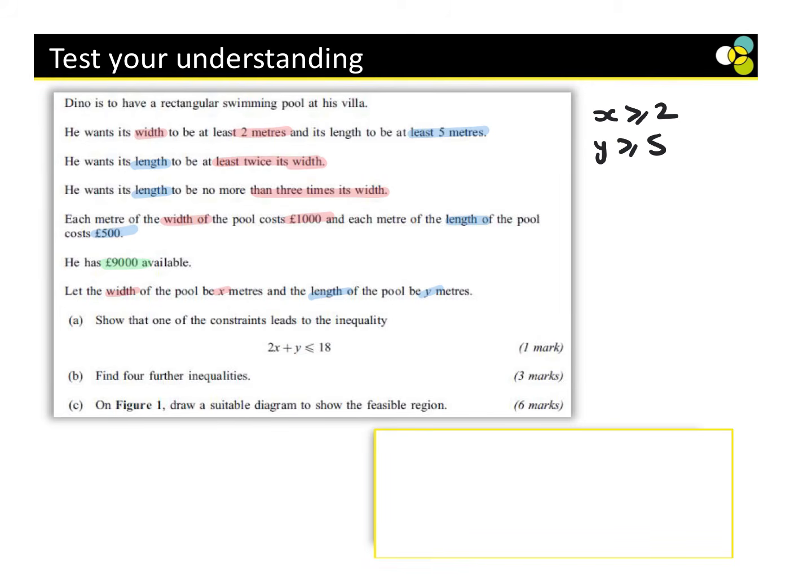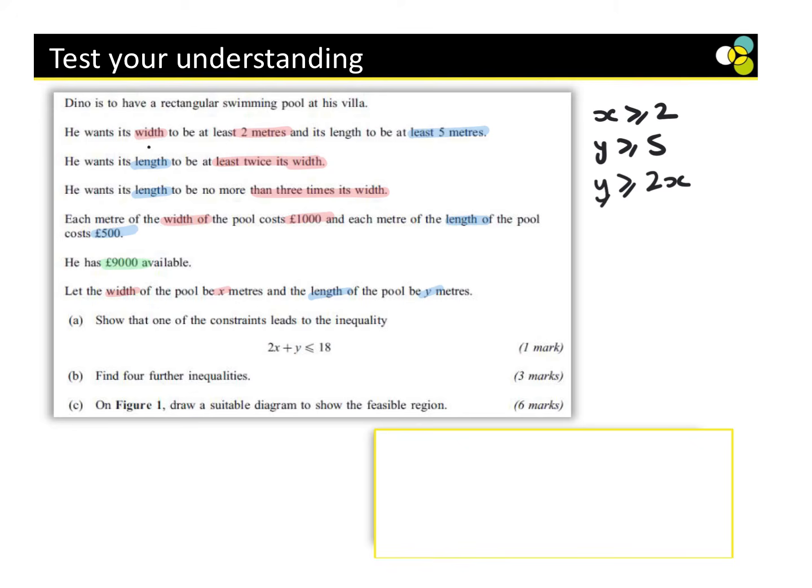Right, it wants its length to be twice its width. So let's just try this. It wants its length to be at least twice its width. Length is Y. So this has to be at least twice. I don't know if I'm right yet. Let's put some numbers in.